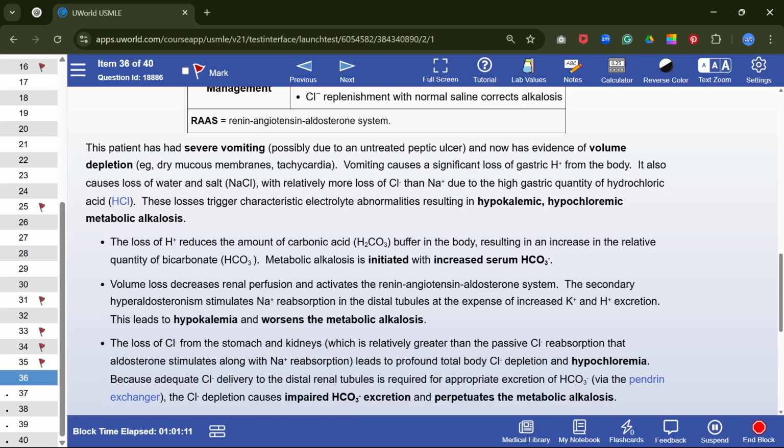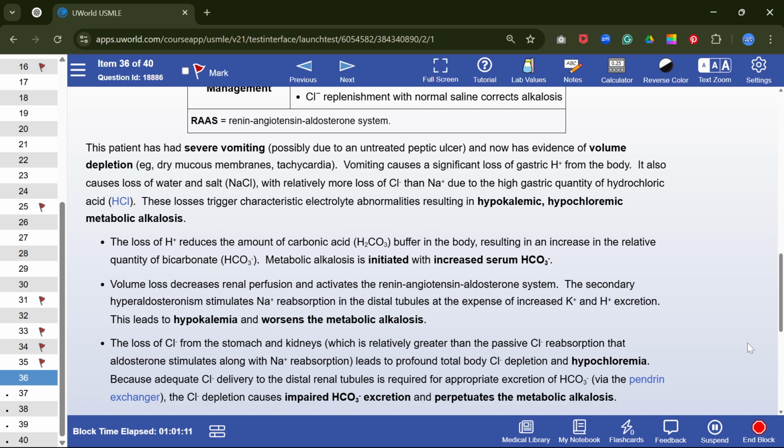The loss of hydrogen reduces the carbonic acid buffer in the body, resulting in an increase in the relative quantity of bicarbonate. Metabolic alkalosis is initiated with increased serum bicarbonate.